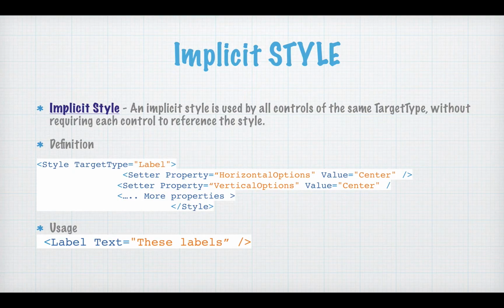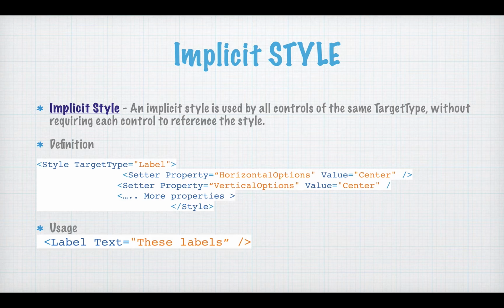Okay, so now let's go one step further. You have many labels in your application. You have many text boxes in your application, and you want all of them to look the same. So what you will do, you will define a style property, you will define the setters, and then you will go to each label and say that style is equal to this, and so on. But you know that they're always going to be the same.